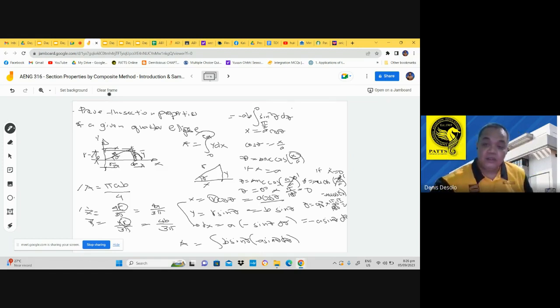So we have negative ab. We interchange the position of the limits, sine squared theta, differential of theta. Then we make it positive. So outside we have ab times the integral from 0 to pi over 2 of sine squared theta differential theta.